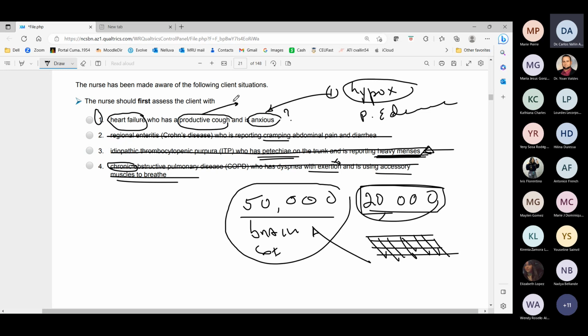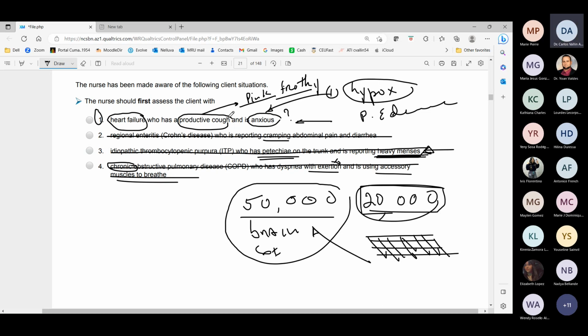And if they can expel the production of the cough, it is going to be pink and frothy. Okay, pink frothy sputum, which is no more than the liquid that is flooding the alveoli.